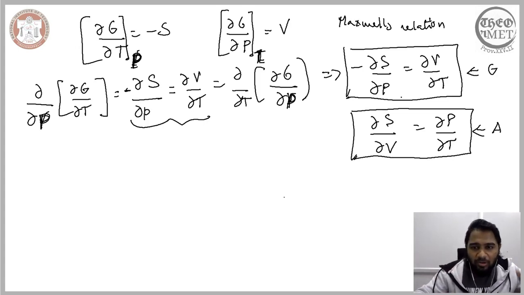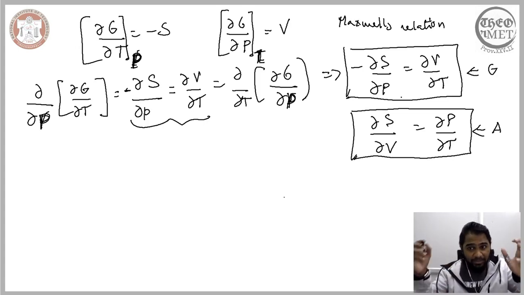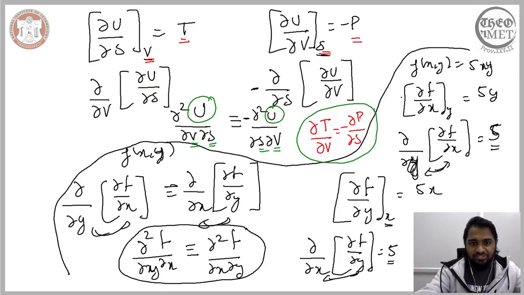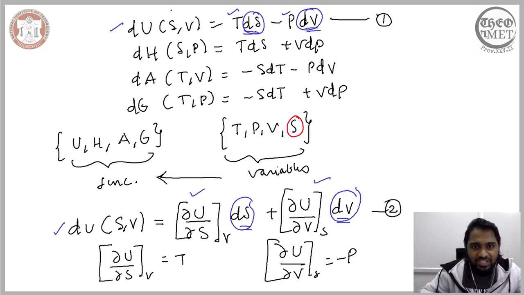One of the thermodynamic functions that is dependent on entropy is none other than the internal energy. If you could recollect, we began with the expression for the internal energy, and it is fundamentally dependent on the entropy. So let us see if we are able to manipulate this dependency of the internal energy on entropy.